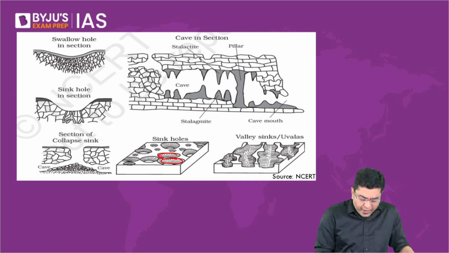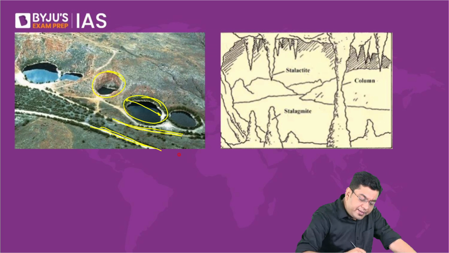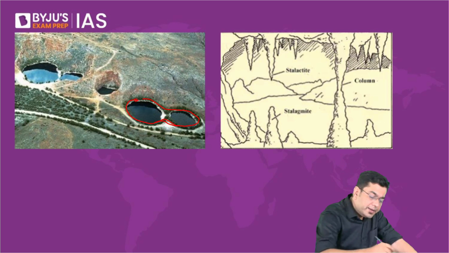Now, over a period of time, as you would have observed in this image as well, there is a tendency that these sinkholes can get together. These can form a larger body of eroded material, isn't it? There is a chance that this will get together, form a larger hole here.